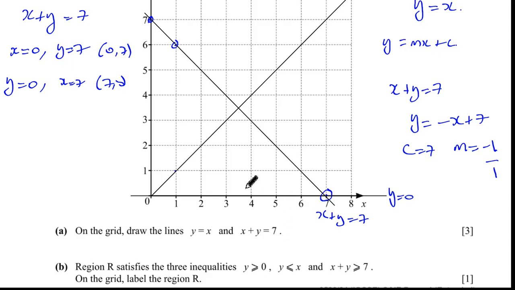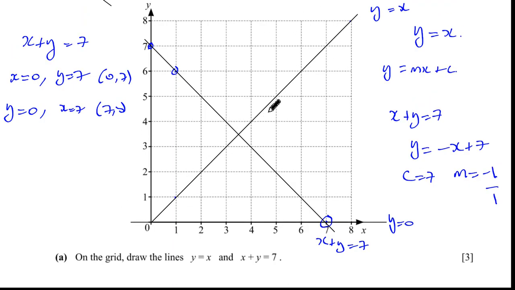Okay, but basically, y is greater than or equal to 0 is above the x-axis, so somewhere up here. y is less than or equal to x is related to the line y equals x. y is less than x when you're below this line, and y is more than x when you're above this line.